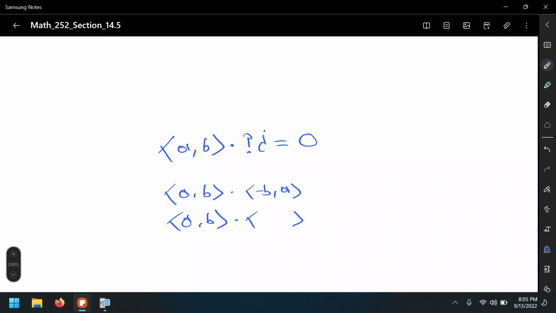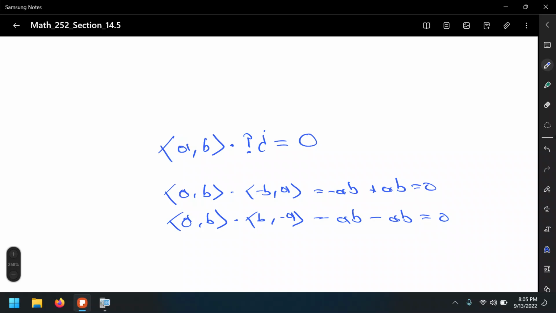The other possibility is B comma negative A, because A times negative B, that's negative AB, plus B times A, which is AB, equals 0. The other possibility is B, A times B, that's AB, and then minus B times negative A, which is AB, and this is also 0.